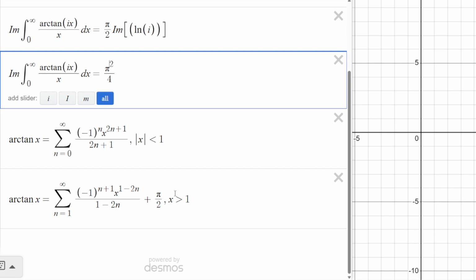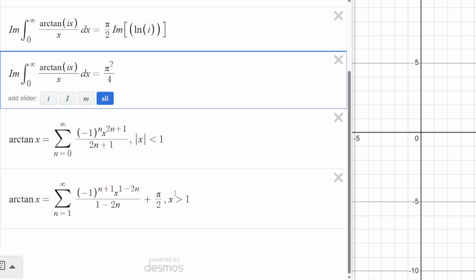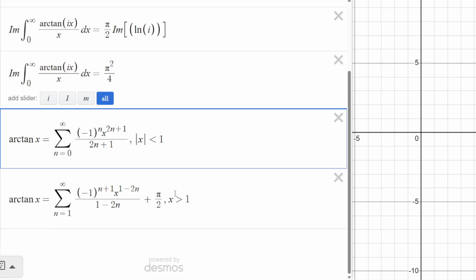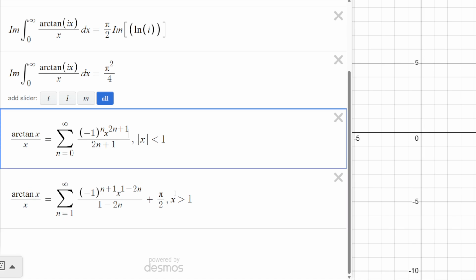So now, we don't actually have arctangent x. What we have is arctangent ix over x. So let's just divide both sides of both of these equations by x. What happens here is we just get rid of that plus 1.